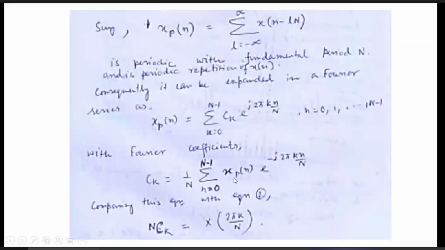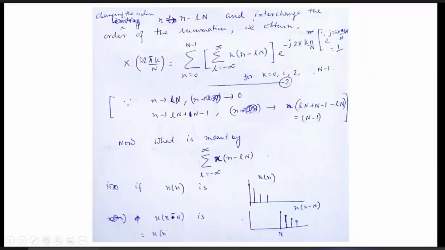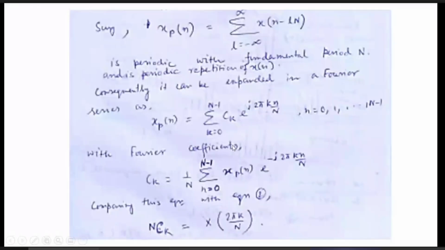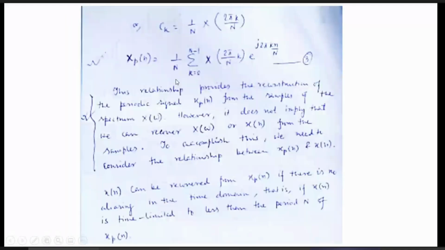If you compare, this is x of 2 pi k by N, and this is xpn, and this is equal to N ck. So Ck is equal to 1 by N into x of 2 pi k by N.